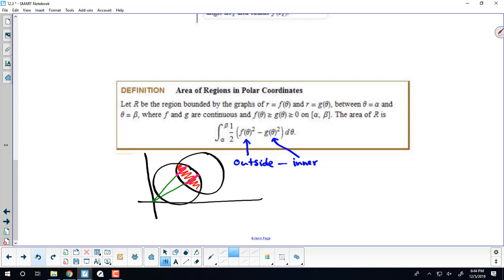Does that make sense? Can everybody sort of visualize that? And so of course the intersection, this is our alpha, this is our beta. Remember, the alpha and the beta are theta values. So sometimes you have to find those. What are those points of intersection? It's not an easy thing to do, because even if you look at a graph, the graph is a static thing.